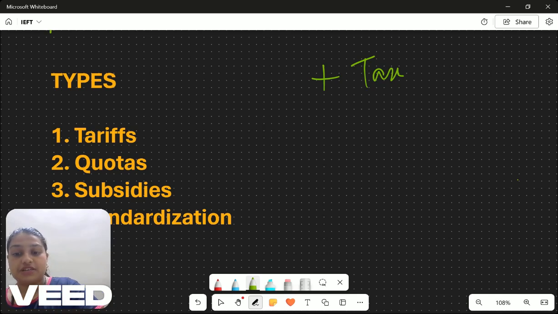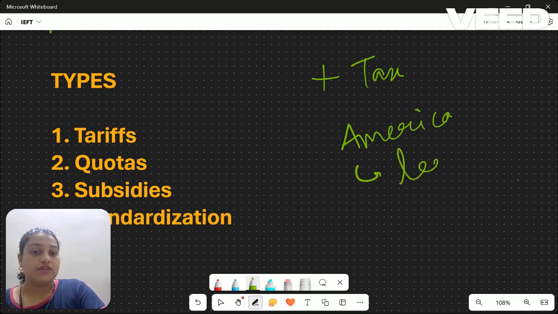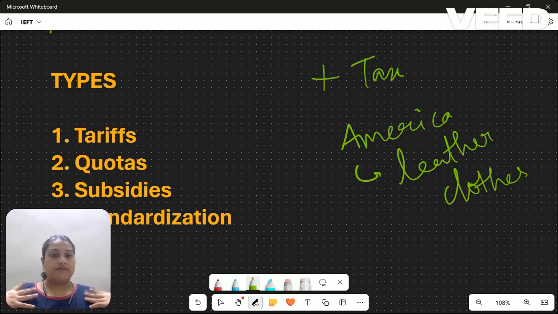Suppose we have a country, let us take America. India is America's market, and America is selling leather clothes to India. So the Indian customers are very happy with it. They are buying it and they have very high demand. So at that time, the domestic industries in India who are producing leather clothes will have less value, right?